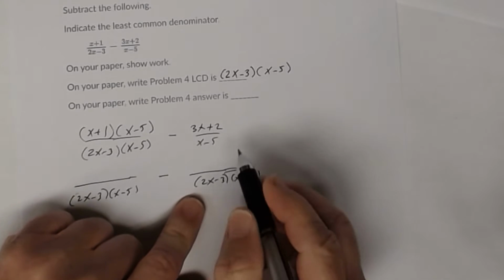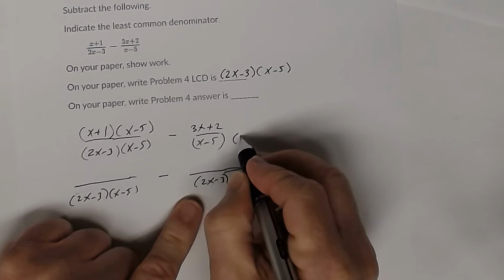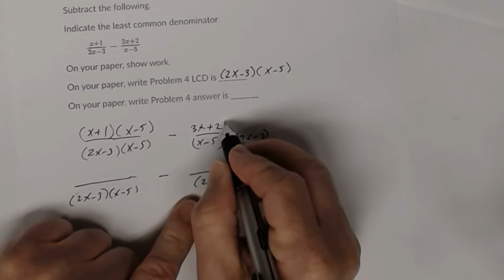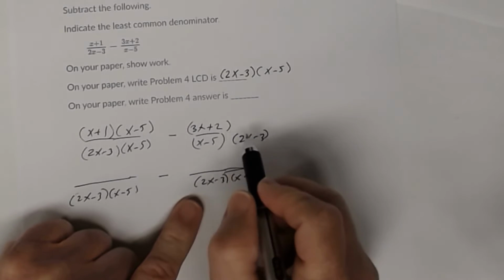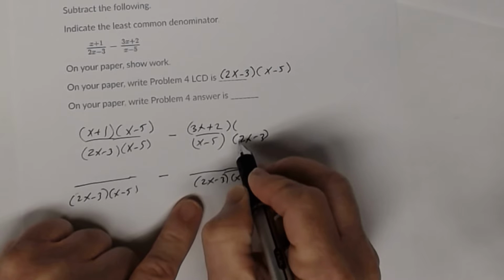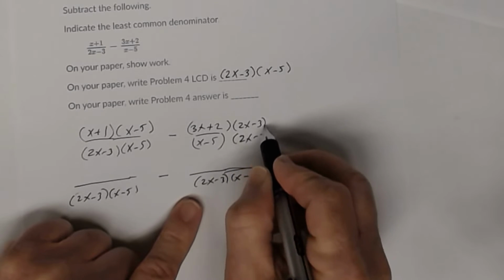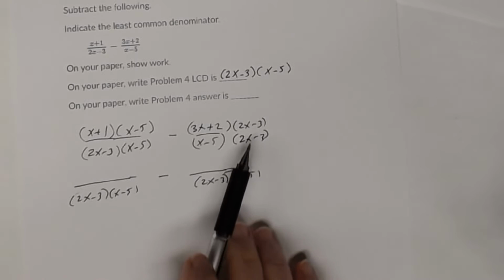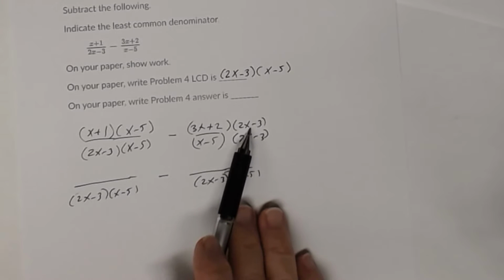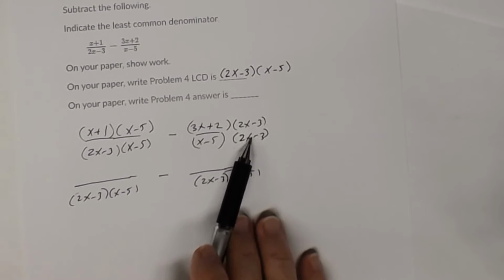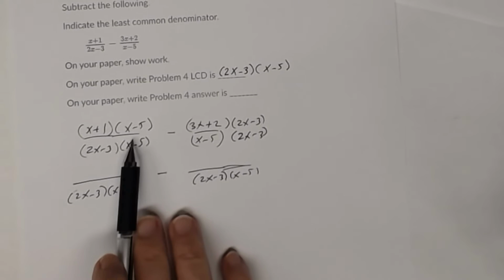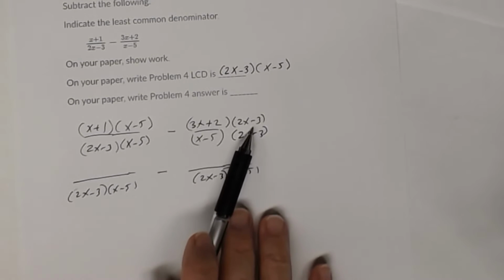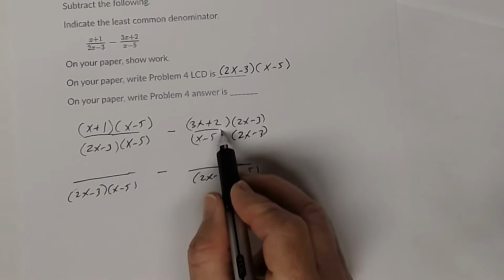I'm missing the 2x minus 3, so I've got to multiply the denominator by 2x minus 3. I'm putting parentheses here, but if I multiply the denominator by 2x minus 3, I also have to multiply the numerator by 2x minus 3 as well. Notice that work. What you do to the numerator, you have to do to the denominator, and so you have to show that. See, x minus 5, x minus 5. 2x minus 3, 2x minus 3.